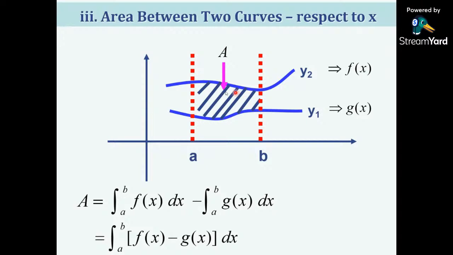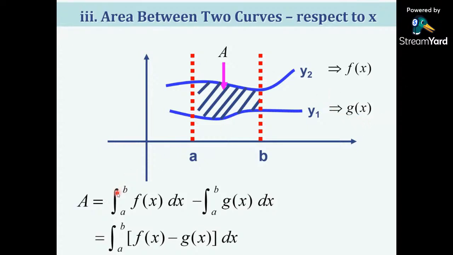Now, to find the area between two curves, if we are going to calculate with respect to x, we will take the upper function and then minus the lower function. As you can see, say the upper function is f and the lower function is g.